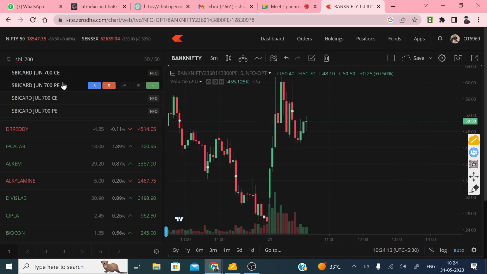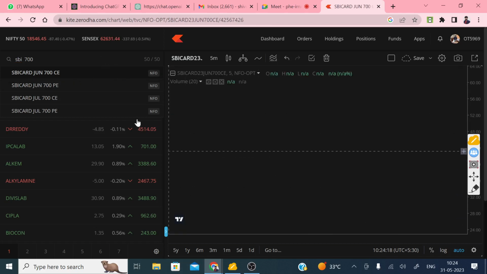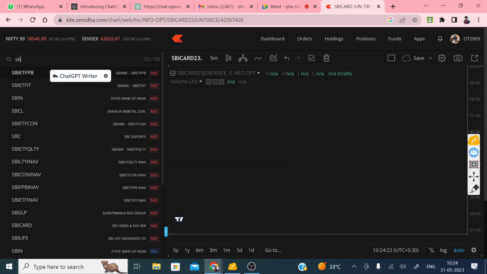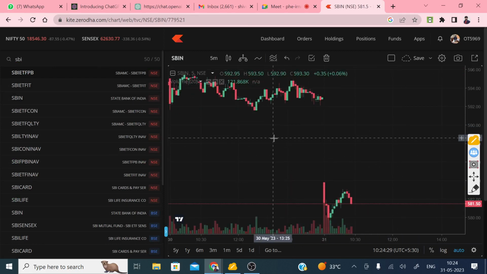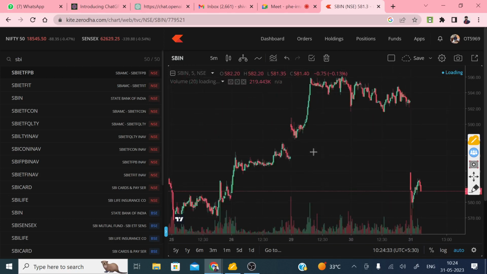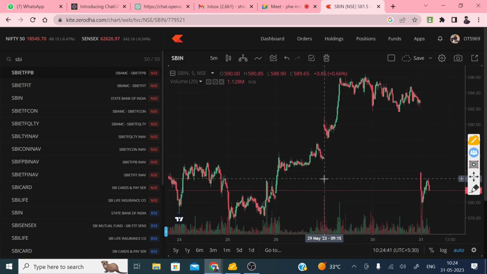So if you want to buy, you can buy any option within a range of prices. The current market price of the SBI stock is 5800. The price dropped significantly. I was expecting 700, price 600, but now it dropped. So you can buy any option that you want.